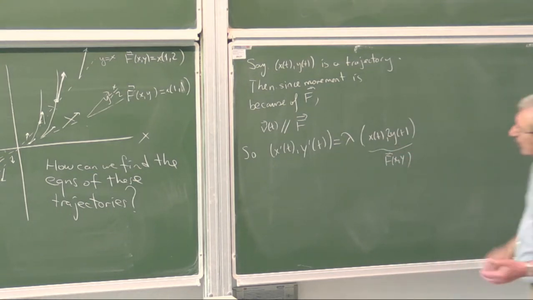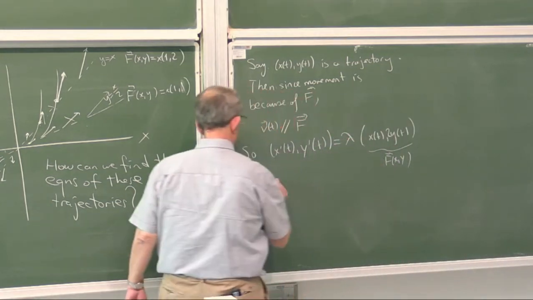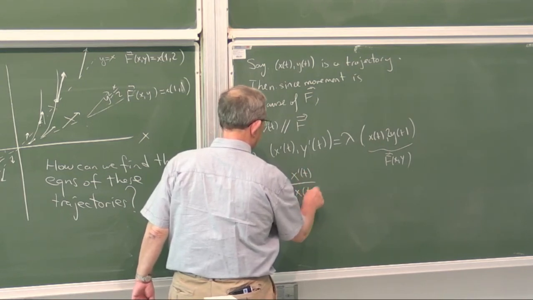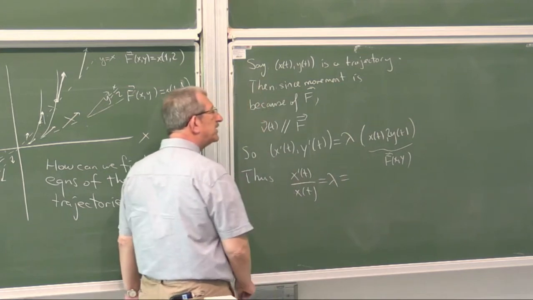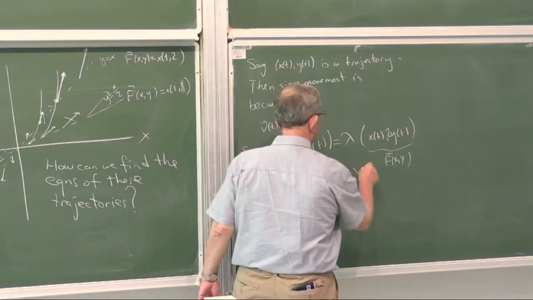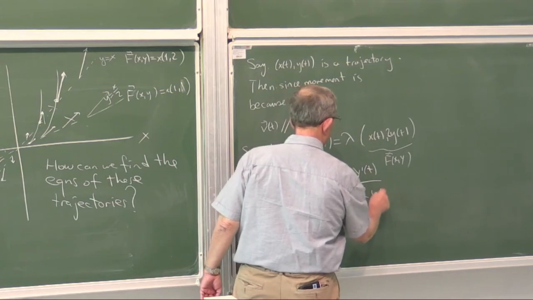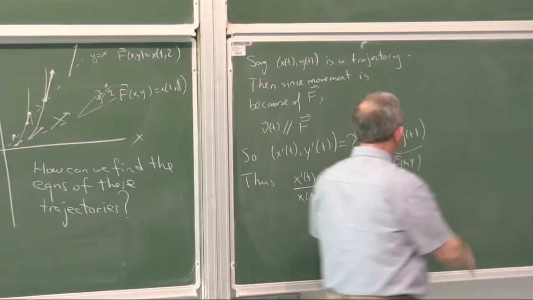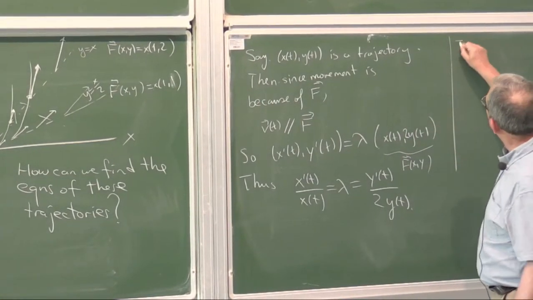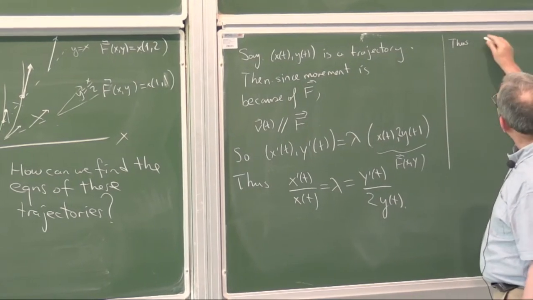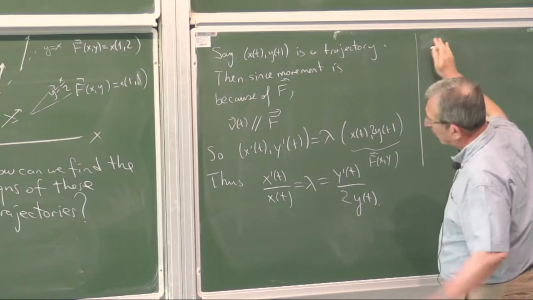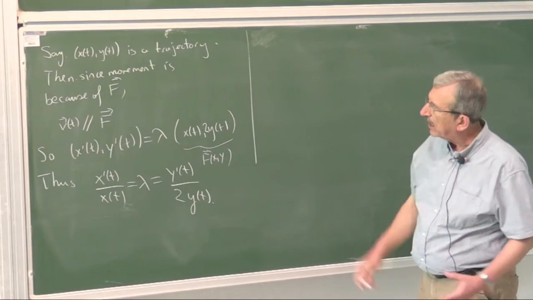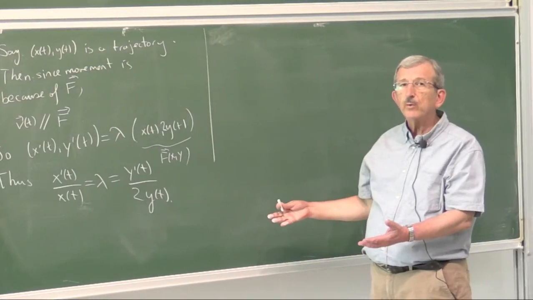Now, this gives us two equations. It says that x'(t) divided by x(t) is lambda, which is at the same time y'(t) divided by 2y(t). Now, because we have the derivative divided by the function itself, and they are equal for every t, we can integrate.